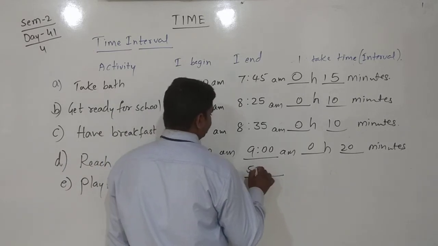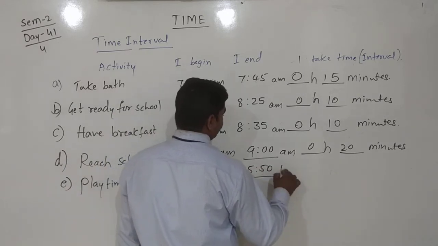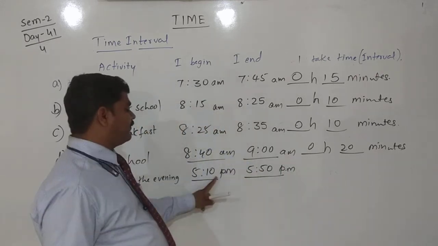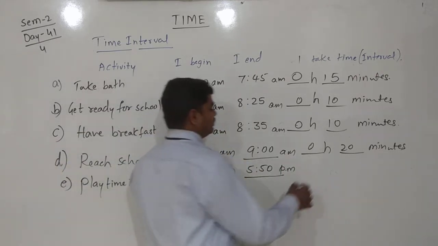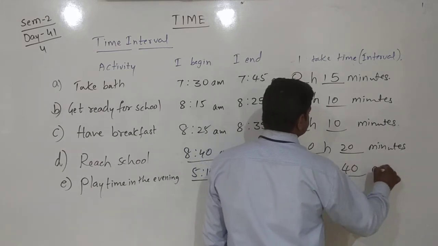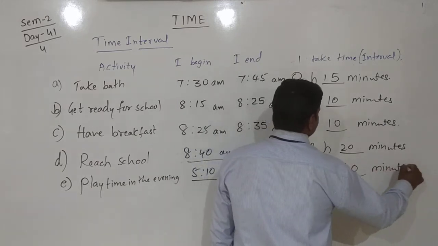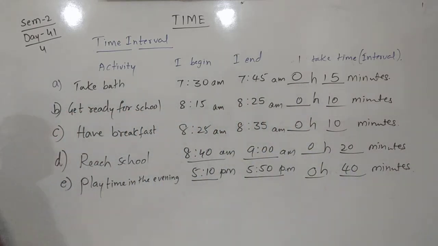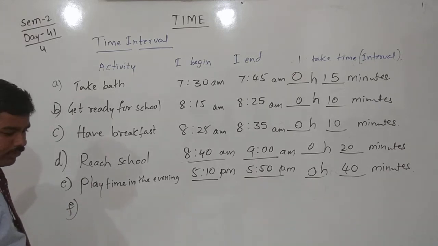Yes, 5:50 PM. How many minutes? 5:50 minus 5:10. Correct. 0 hours 40 minutes. We can play a maximum of 40 minutes. Next, F. That is homework.